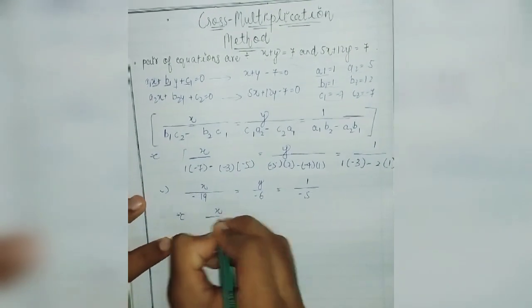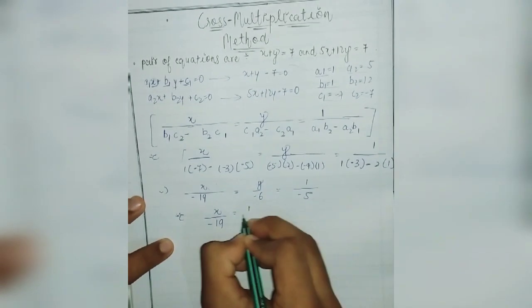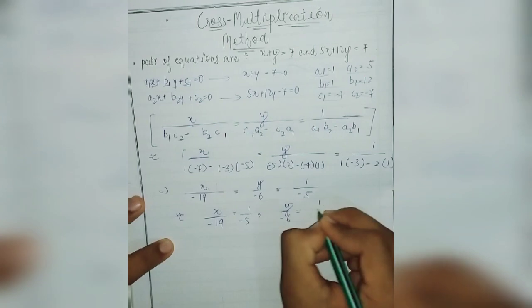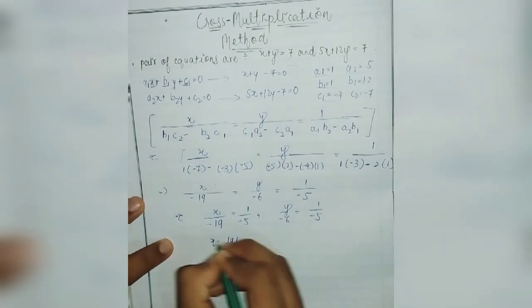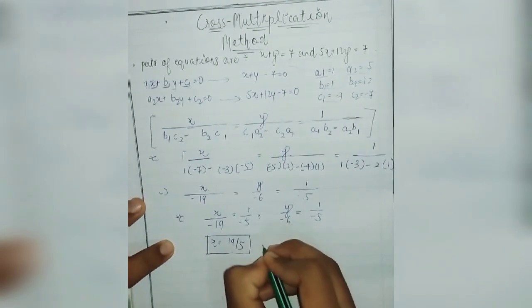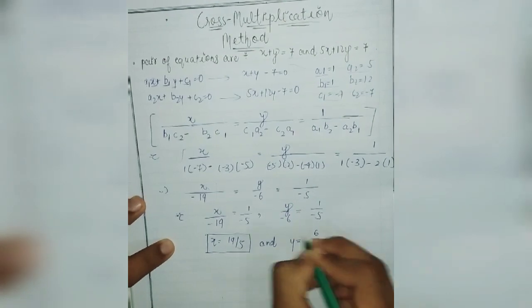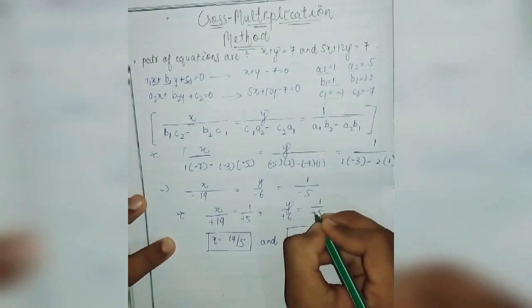Here we focus on the values of the variables relative to the constant term. So the value of x is 19 divided by 5 and the value of y is 6 divided by 5.